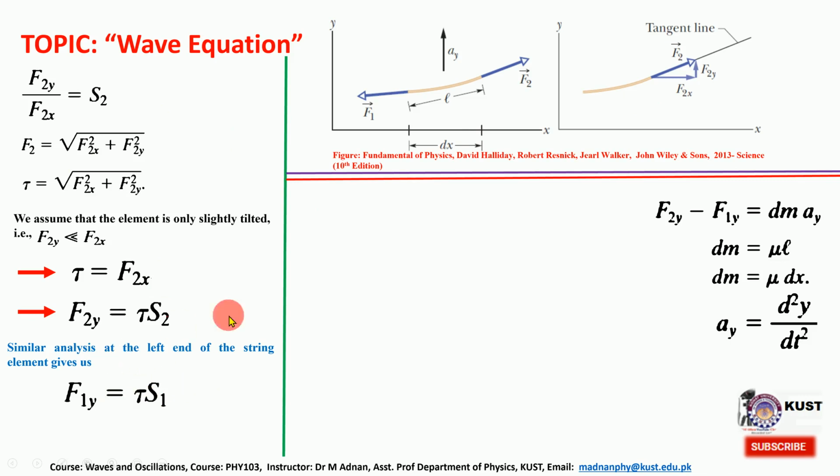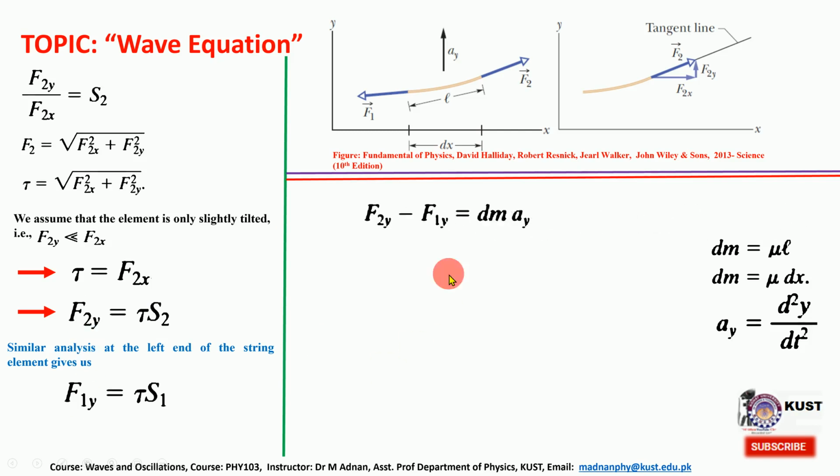Now, in this F equals ma expression, we have dm equal to mu times dx. We have the acceleration along the y coordinate, that is d squared y over dt squared. We have the force along that y coordinate on this side and also the other, given by these two expressions.